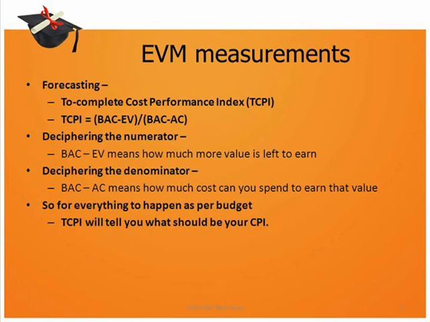Similarly, the denominator is equal to BAC minus AC, which means that you have already spent cost equal to AC. So from your budget, the cost that you can afford to spend from now on is equal to BAC minus AC. So in a way, TCPI is the value left to earn divided by the cost that you can spend to earn that value.